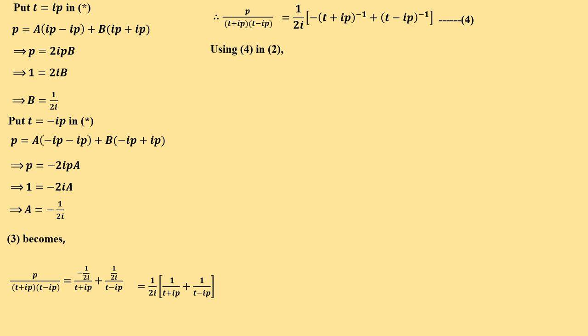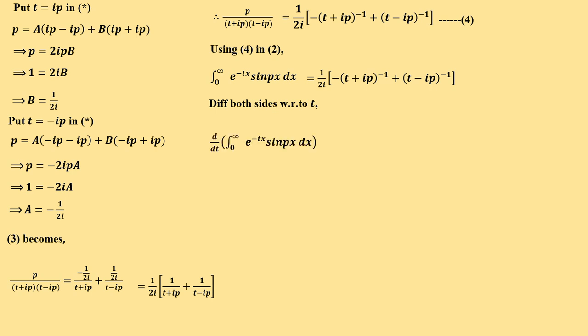So using 4, integral 0 to infinity e power minus tx sin px dx is equal to 1 by 2i times minus (t plus ip) whole power minus 1 plus (t minus ip) whole power minus 1. Now we are going to differentiate both sides with respect to t, right? So d by dt of integral 0 to infinity e power minus tx sin px dx is equal to d by dt of 1 by 2i times minus (t plus ip) whole power minus 1 plus (t minus ip) whole power minus 1.